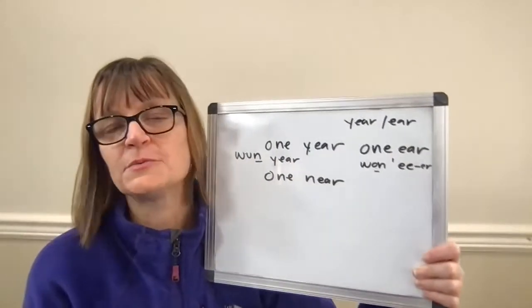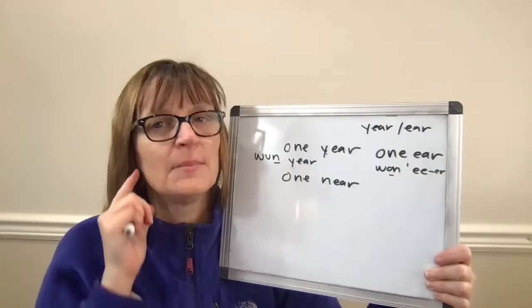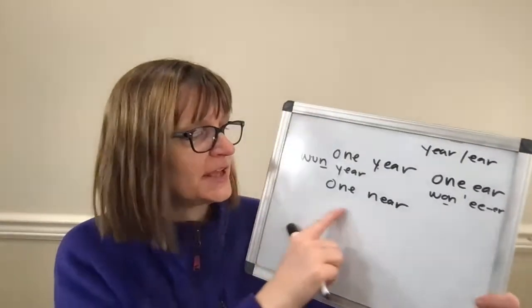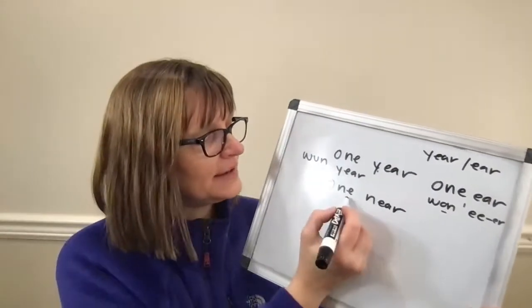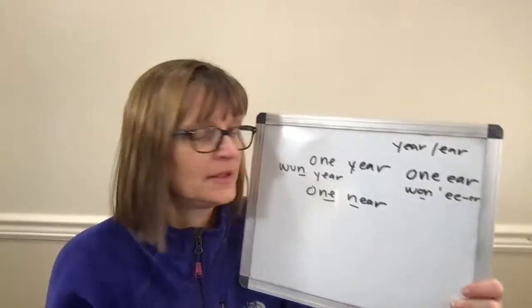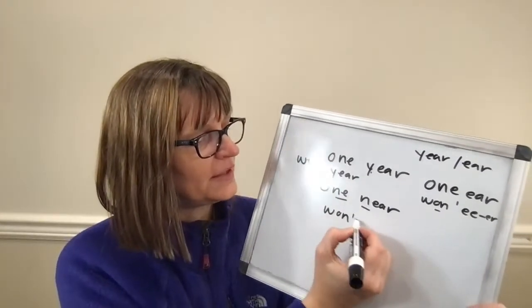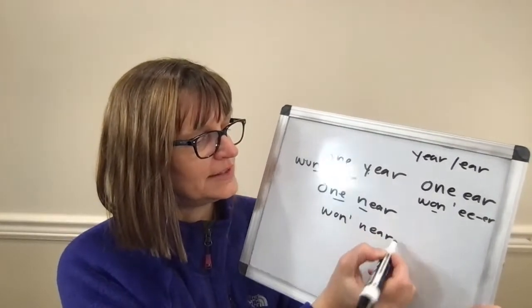What most Americans will do if they're saying 1 ear is they won't link those together, because it would sound too much like 1 near. And here as well, if I'm saying the one near the, I might just do 1 N, or I might do a little break there as well to do 2 N sounds.